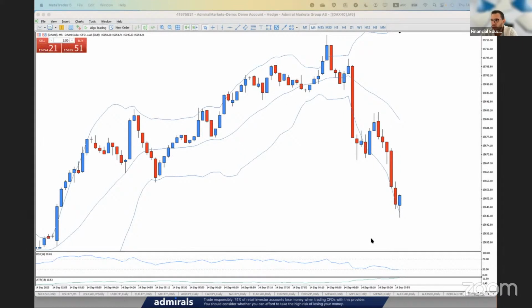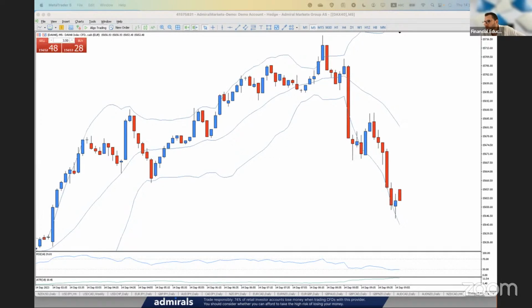Yes, of course, that is why I can look at the Nasdaq 100 and the Dow Jones 30. Let's wait for the London Open, and then we're going to look at those. Okay.